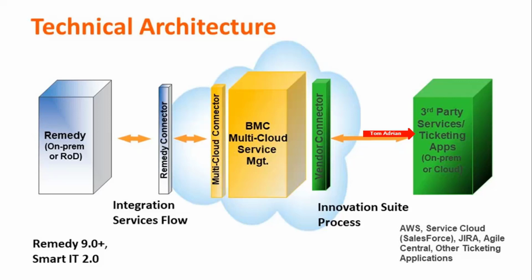Yeah, so there's one flow which is the traditional ticket brokering flow, which is taking data from ITSM, bringing it into multi-cloud, enriching that data, and sending that data to the vendor. But we also can monitor that vendor, and as data changes on that ticket, you can bring those updates back into the multi-cloud application.